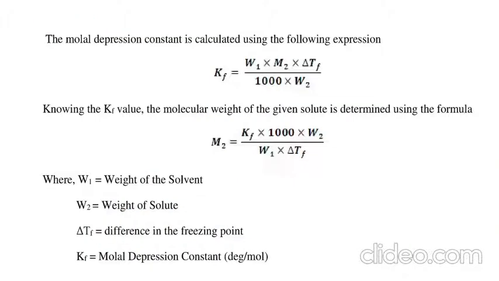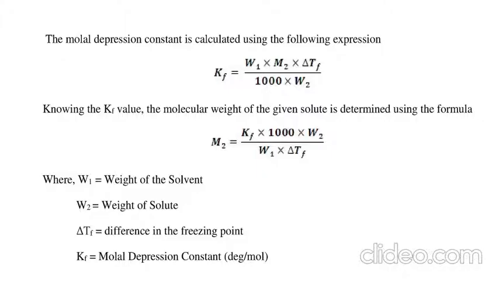The molar depression constant is calculated using the following expression: Kf = W1 × M2 × ΔTf / (1000 × W2).